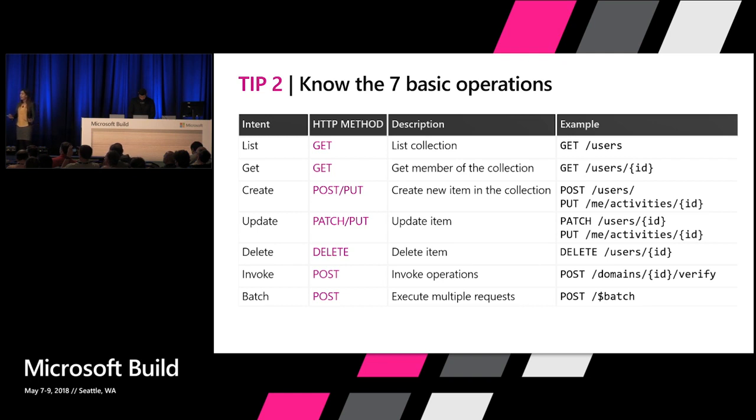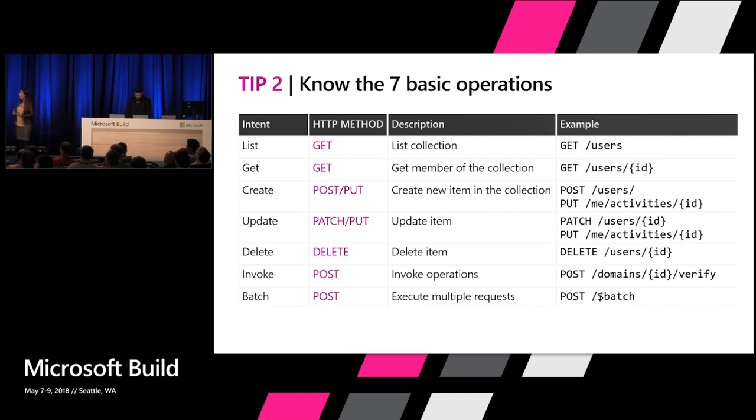If I want to create a member, then I will use a POST, for example, in the users collection, or a PUT in the activities collection. If I want to update, then PATCH, and then DELETE and invoke. Now, here's an important one. There are a set of operations in the Microsoft Graph that you invoke with a POST.